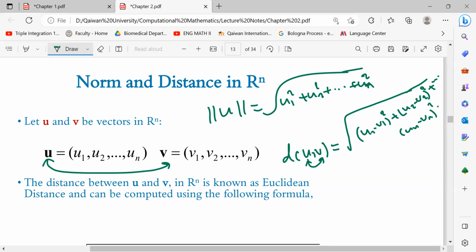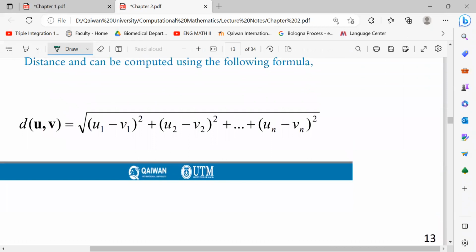As we have n components in each, the distance of u and v is u1 minus v1 squared plus u2 minus v2 squared up to un minus vn squared.